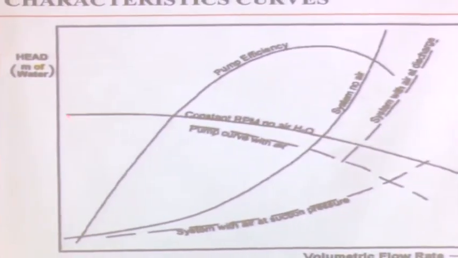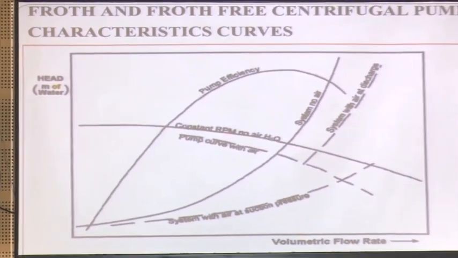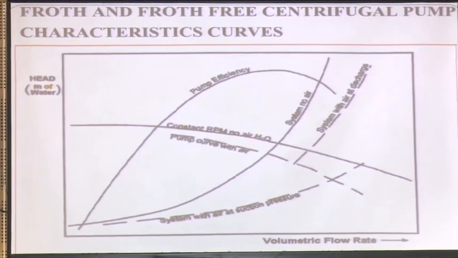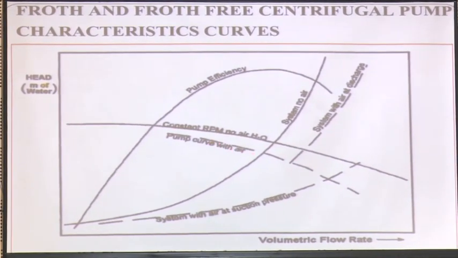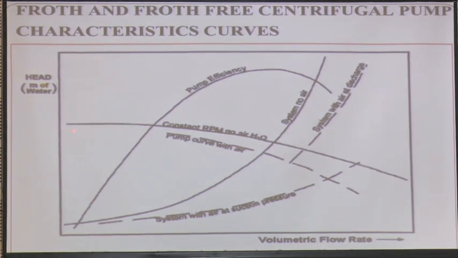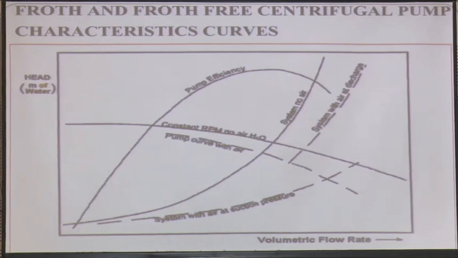Now you can see here, this is the frothless H versus Q, and this is the froth pump characteristic curve with the air. But in the operator's manual or the vendor's manual, nobody will give you curves like this.